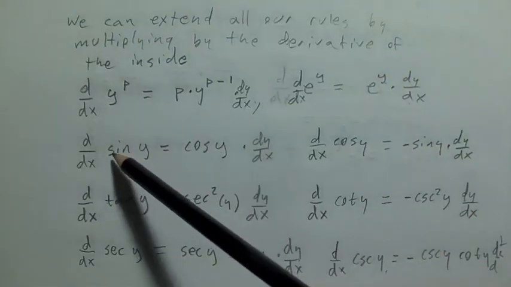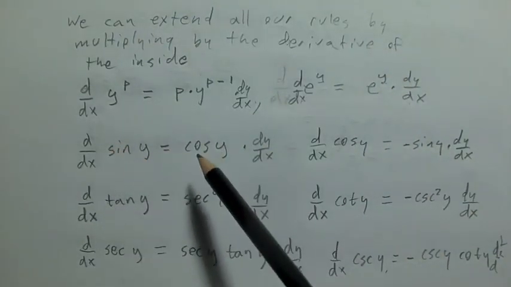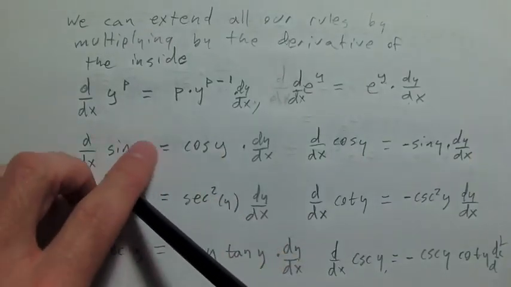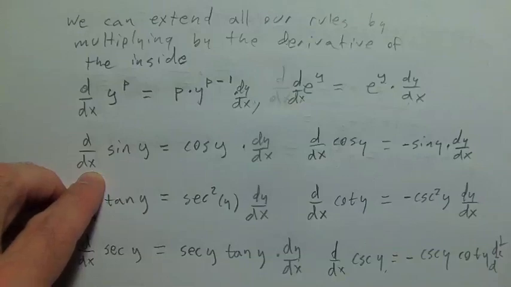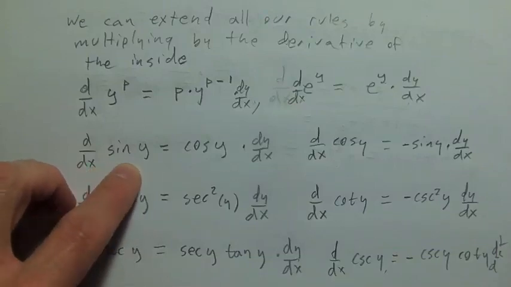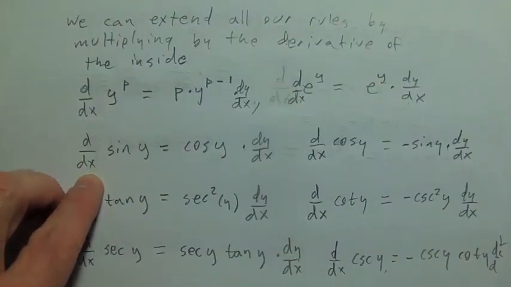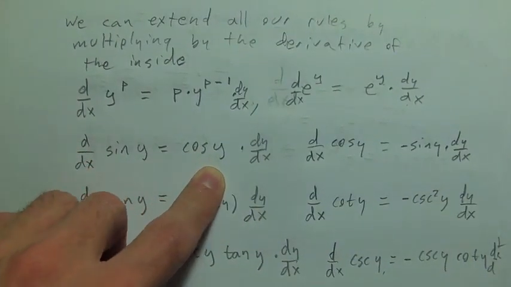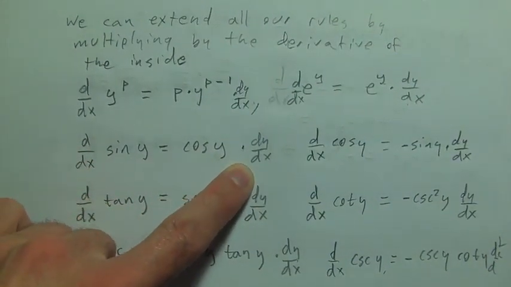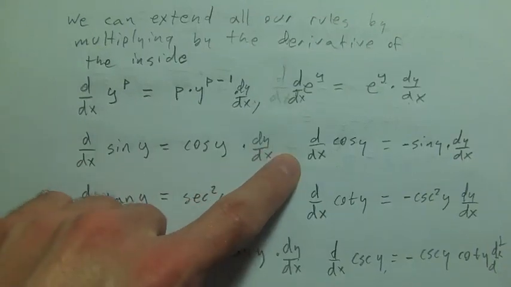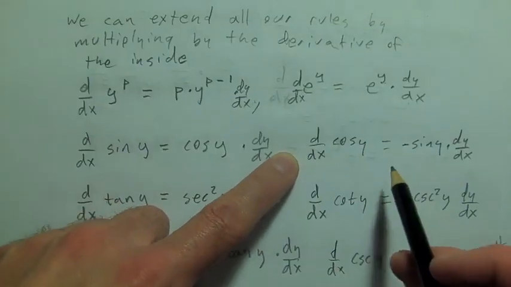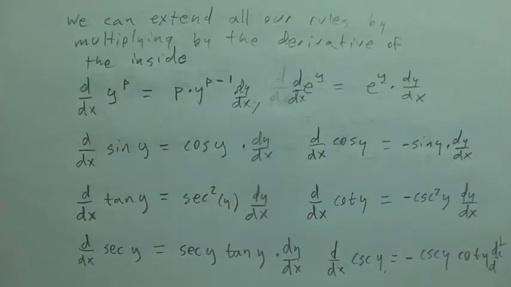Okay, derivative of sine is cosine, but if I have sine of y, something that's not x, so notice this, I'm trying to take the derivative of sine y with respect to x. It's going to be cosine of y, the inside left alone, times the derivative of y. And the derivative of cosine y with respect to x will be negative sine y dy over dx.